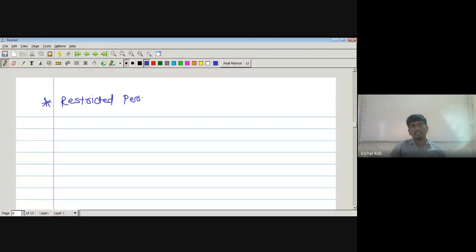Here there is a restriction on the given n things. Such permutations are the restricted permutations.